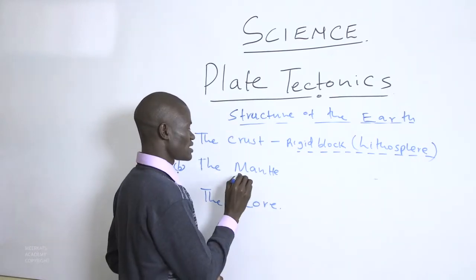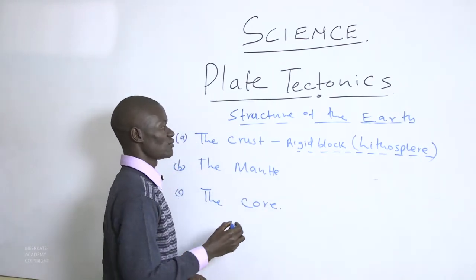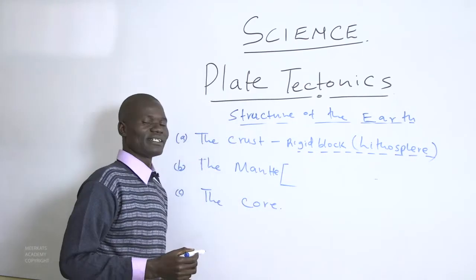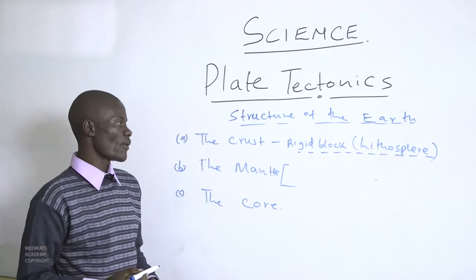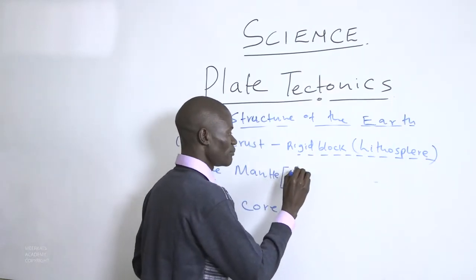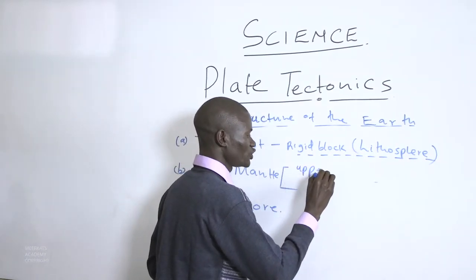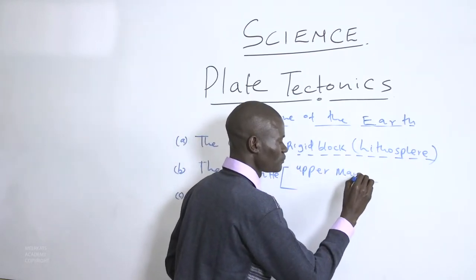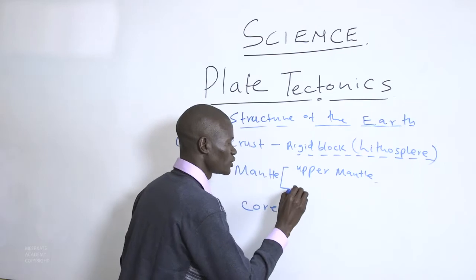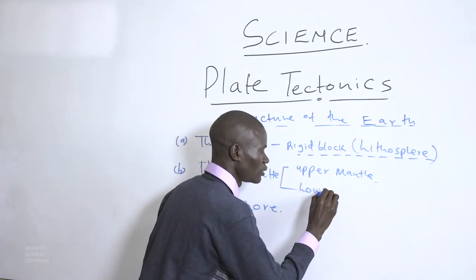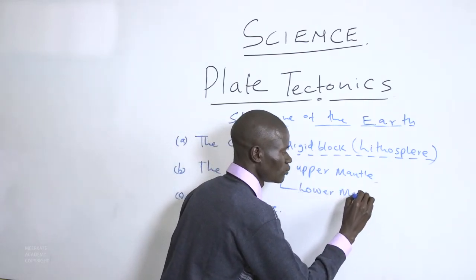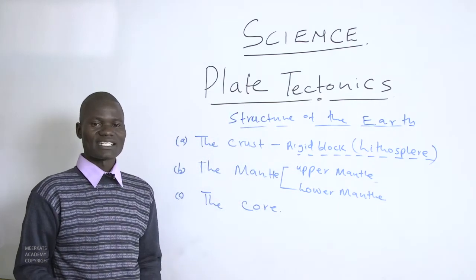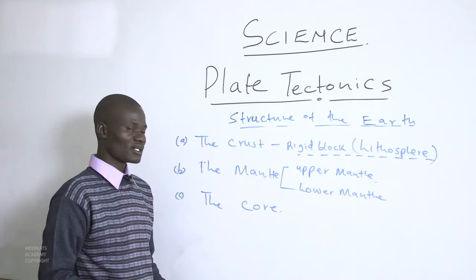Then we have the second layer of the Earth, called the mantle. The mantle is also made up of two parts. We can split the mantle into the upper mantle and the lower mantle.